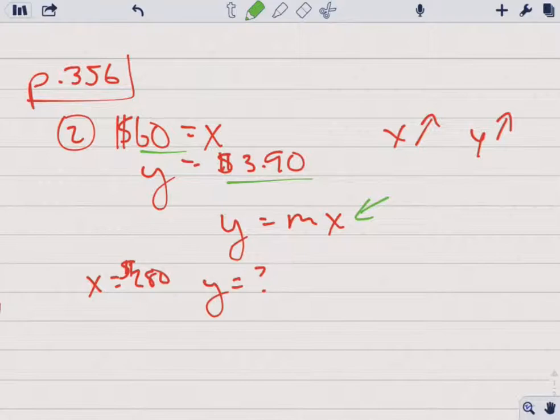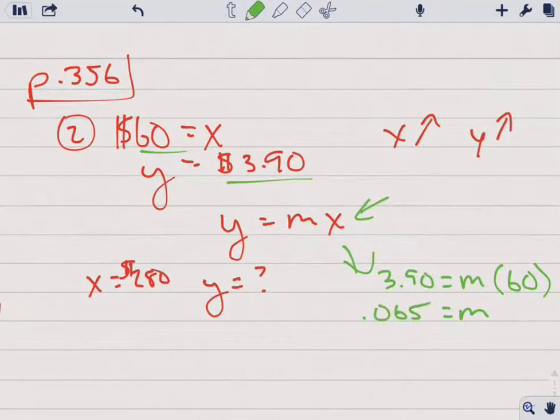If I do that, I've got y, which is $3.90, equals m times x, which is $60. We just divide by 60 and we get a value for m. So 3.9 divided by 60 is equal to 0.065.